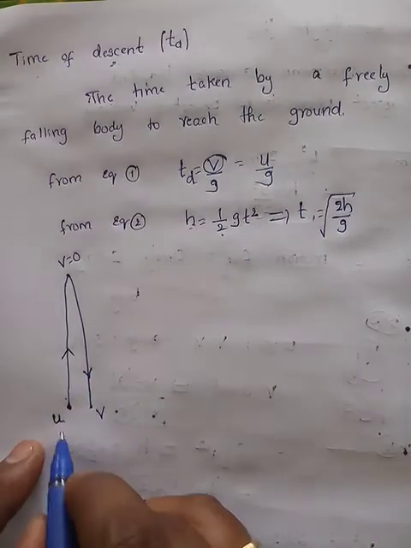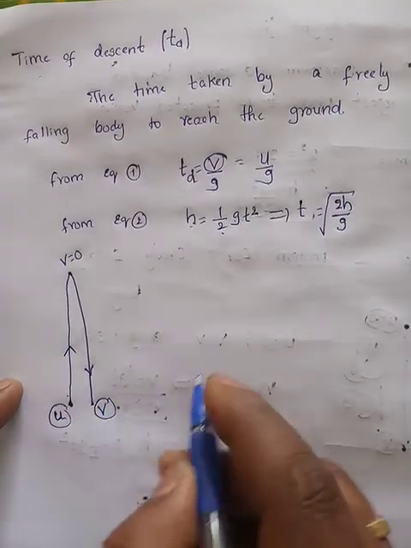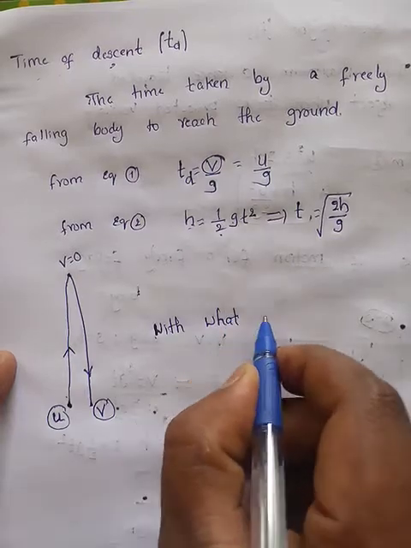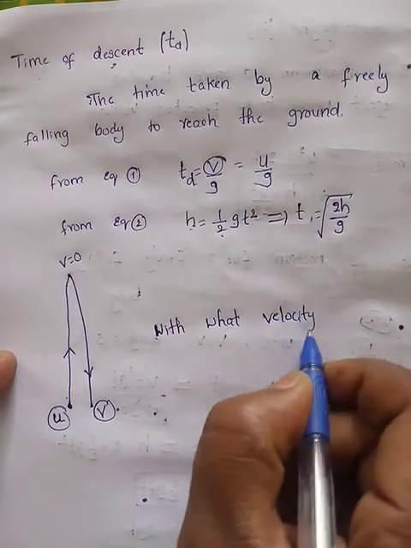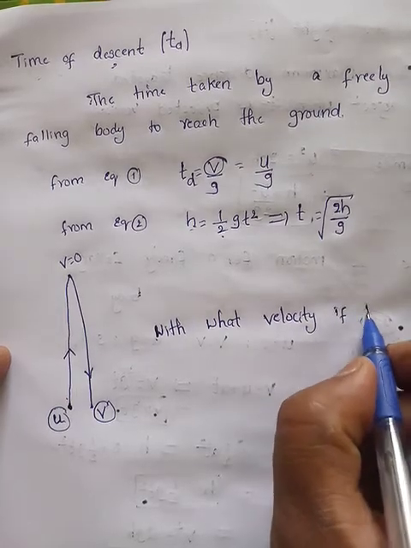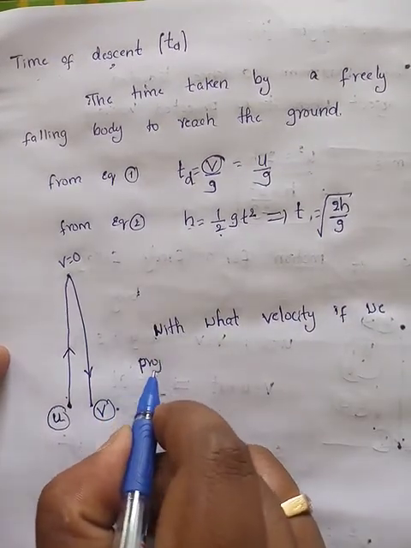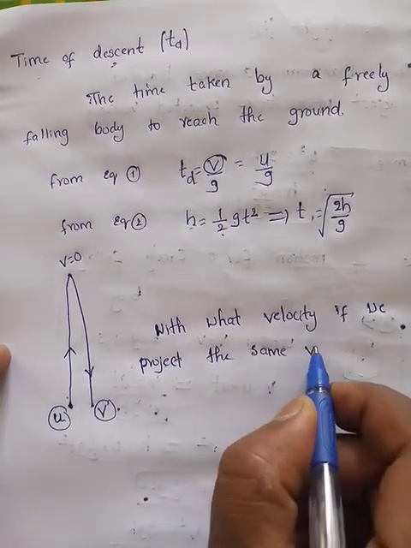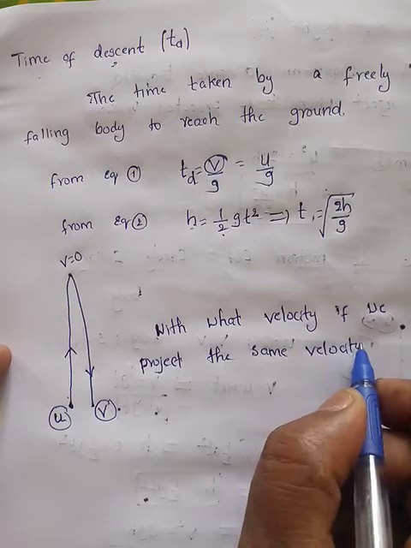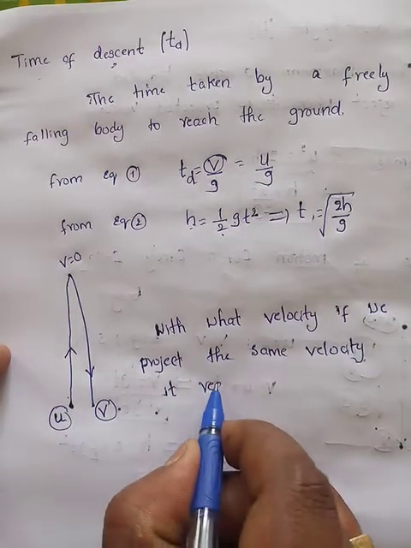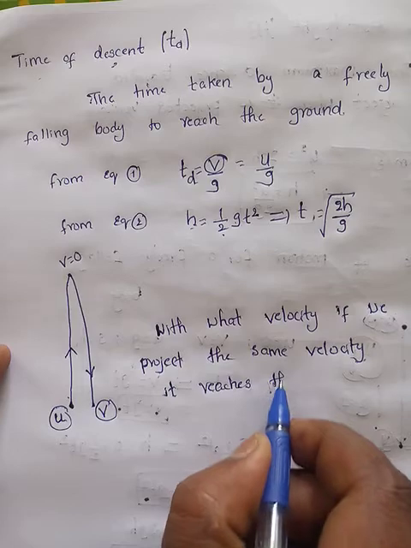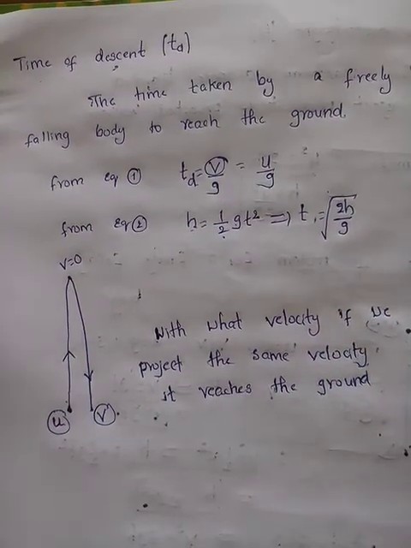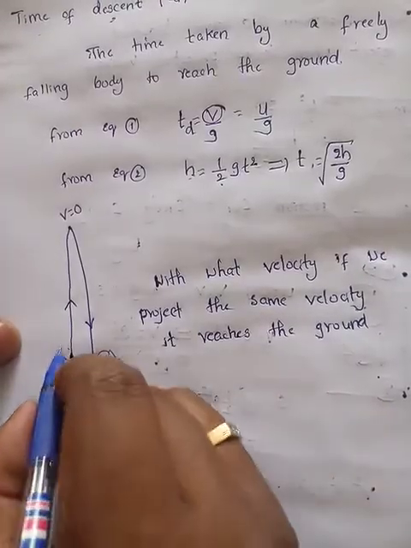Here we have to observe that when there is no air resistance, with what velocity we project the body, the same velocity reaches the ground, but in the opposite direction.